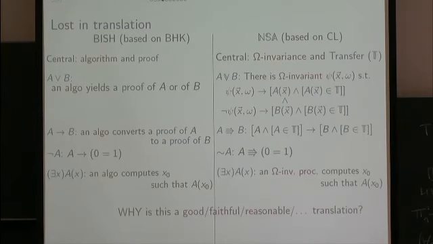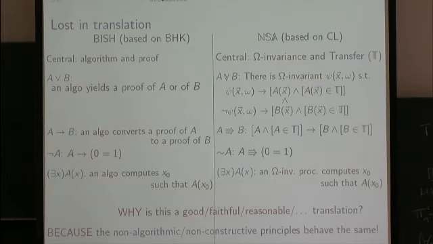But you want to see how this stuff behaves in practice, I mean, in constructive math. And I'll show you that the non-constructive principles behave the same here and here.